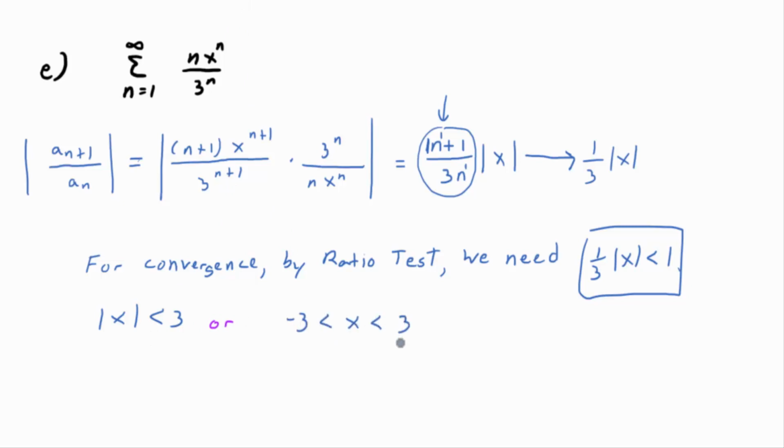And that's most of your interval of convergence, most of it. But what do you have to remember to do? Check your endpoints. So if x equals, say, -3, you have to plug that in for x in the original series. And what do you get if you do that?